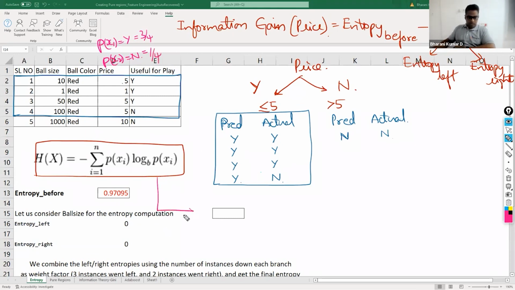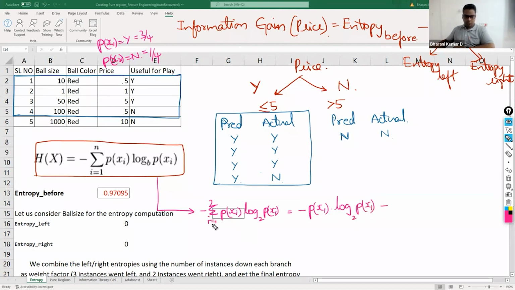So here, going by this entropy formula, since you have two classes, yes and no, we write this as minus summation of i equal to 1 to 2, probability of xi into log of probability of xi base 2. When you substitute i equal to 1, you get minus probability of x1 into log of probability of x1 base 2.